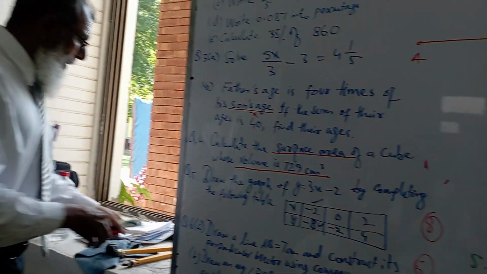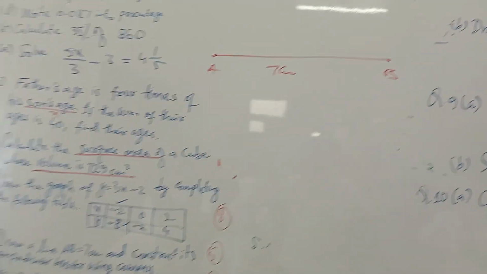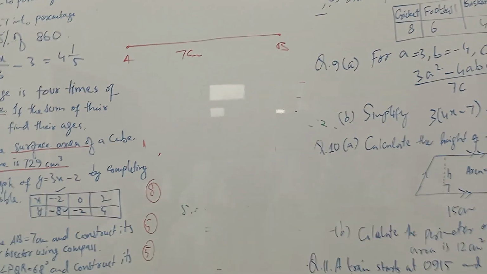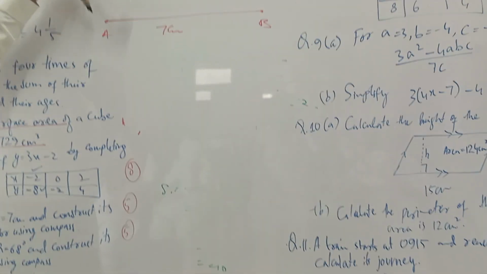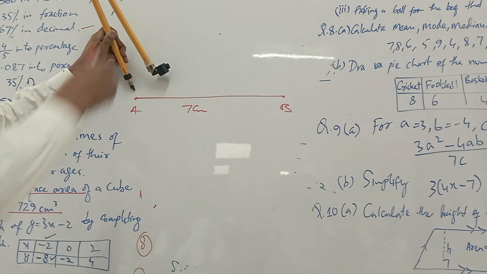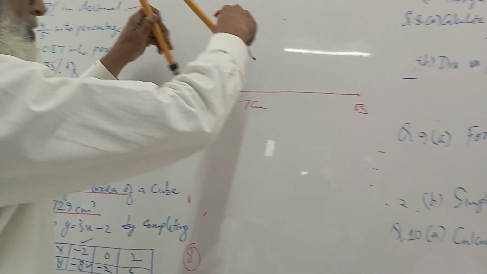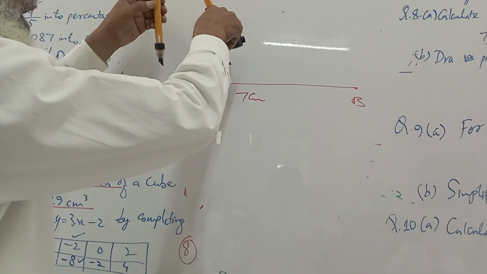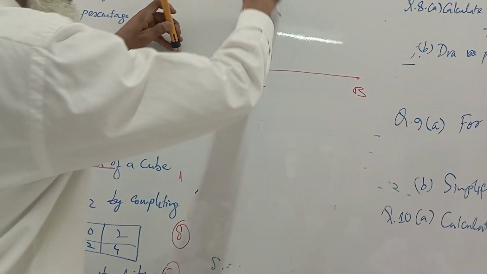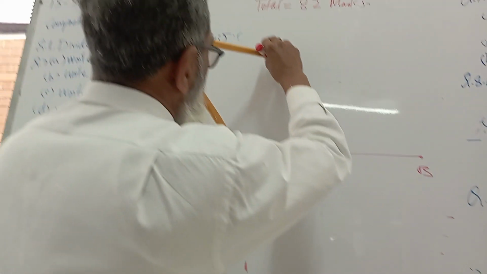Now using a compass, we keep the needle at one end as the center and draw an arc, which must be kept more than half the length. We are drawing an arc here.